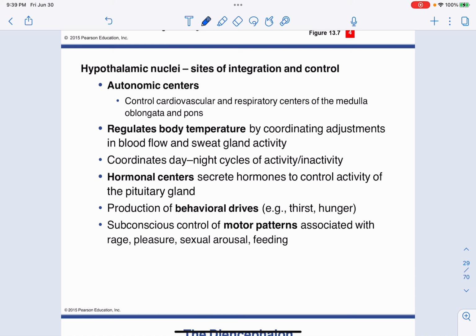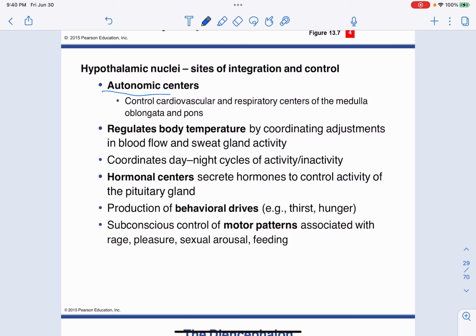So I'm never going to ask you to give me a complete list of the actions of the hypothalamus, but it is good to be able to understand two or three of the functions of this structure. So let's talk about some of these functions. The hypothalamus is involved in visceral sensory functions, so some of the autonomic functions.